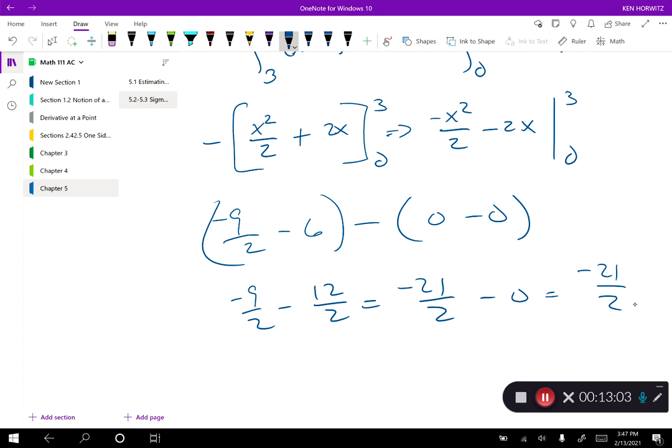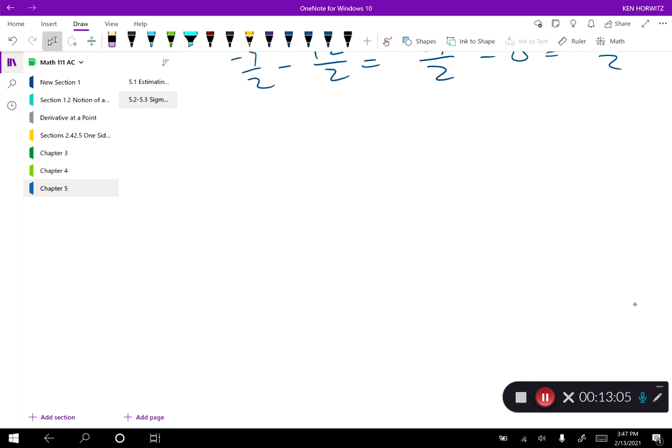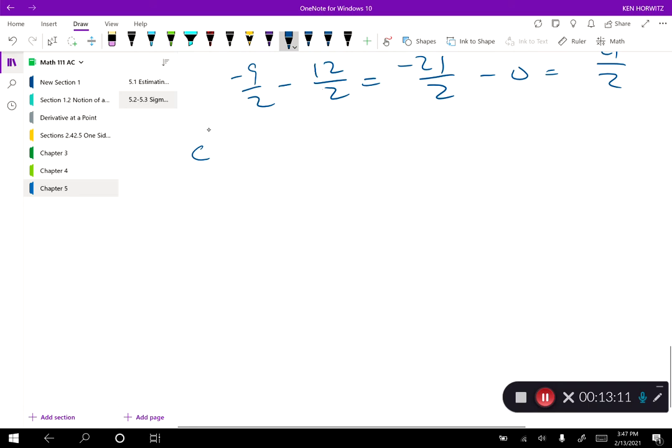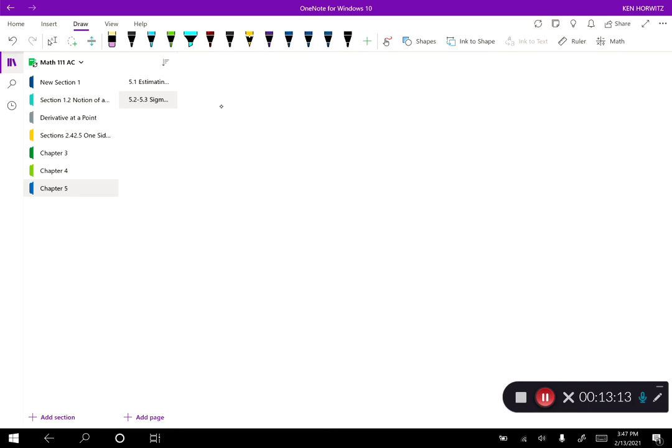All right, so our third rule is called the additive intervals property. And this is going to be one where we have some sort of a problem in our integral. This is when we want to use it.